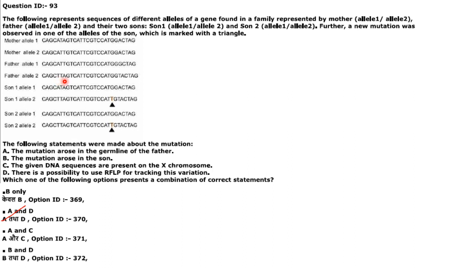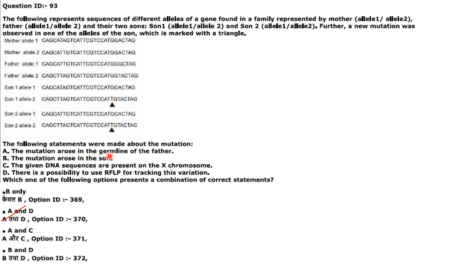CAG, CATT, AG, TC, ATT, CGT. So it is the same as father allele 2. And son 2 allele 2, that also is father allele 2. So the mutation here arose in the germline of the father. So statement A is correct.